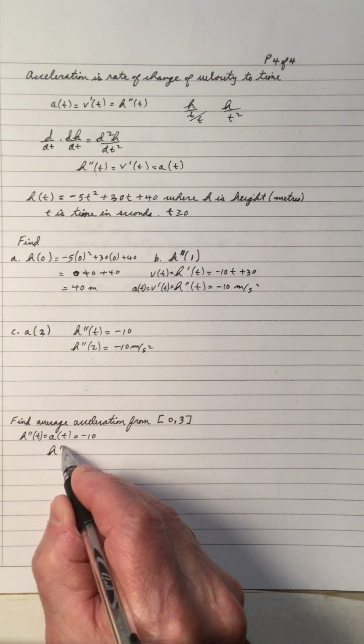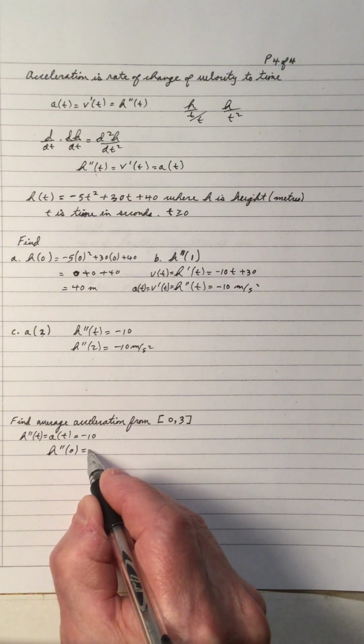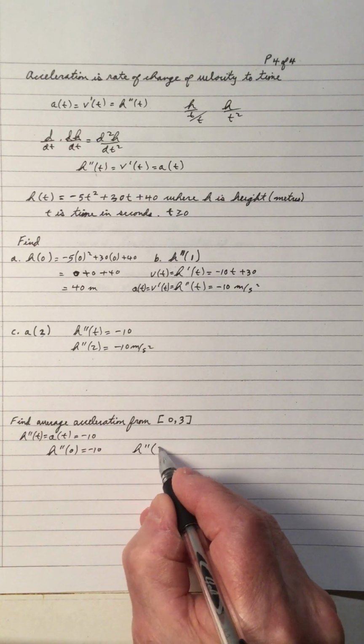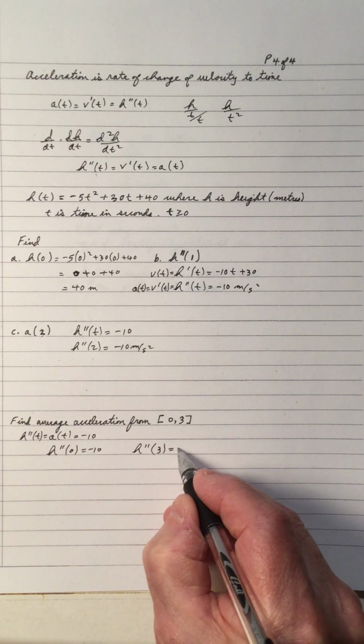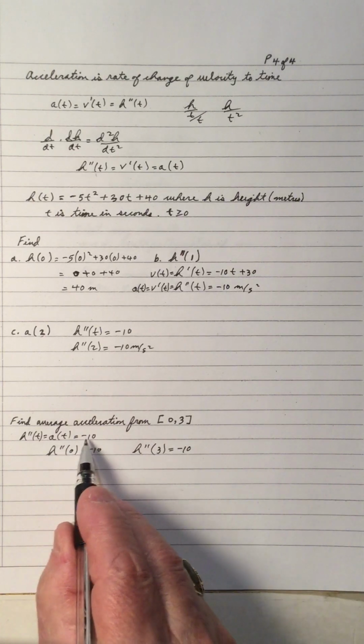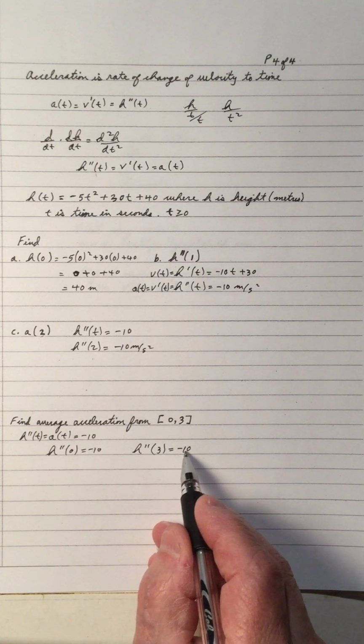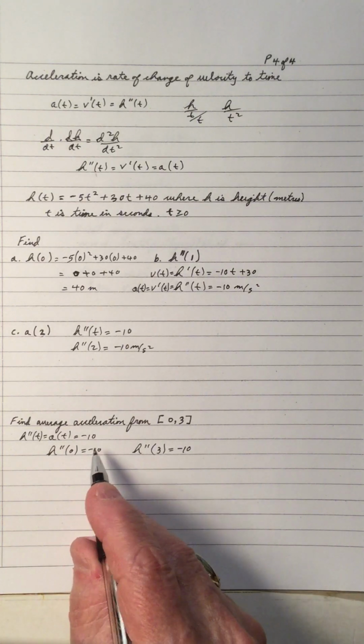So h double prime of 0 is negative 10. The h double prime of 3 is negative 10. Because this is a constant, no matter what input we put in, we're always going to get negative 10.